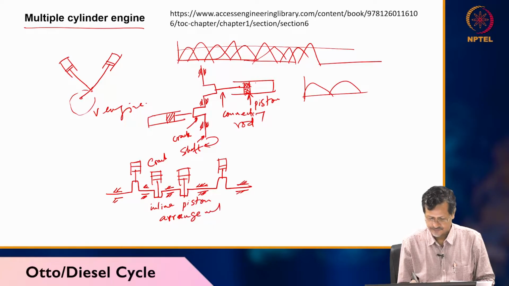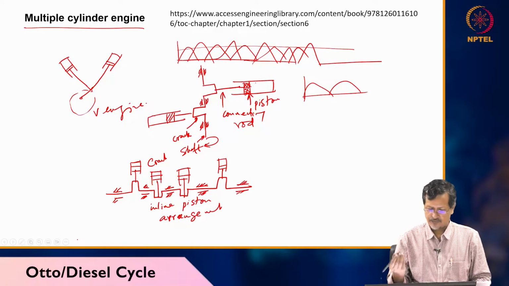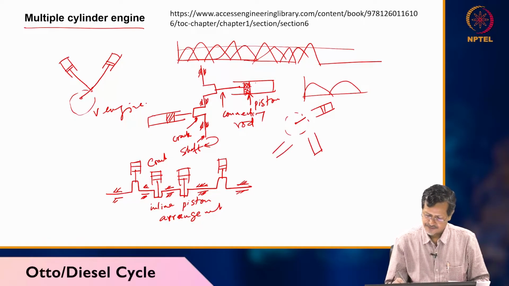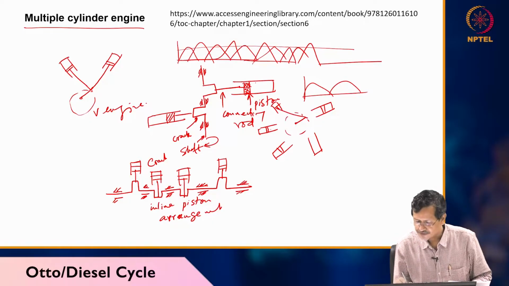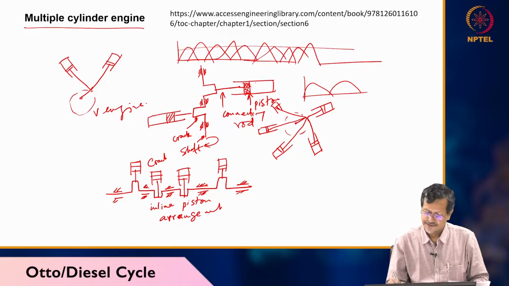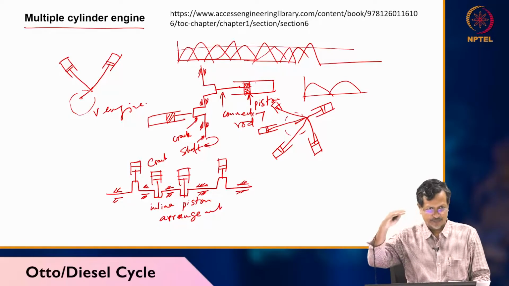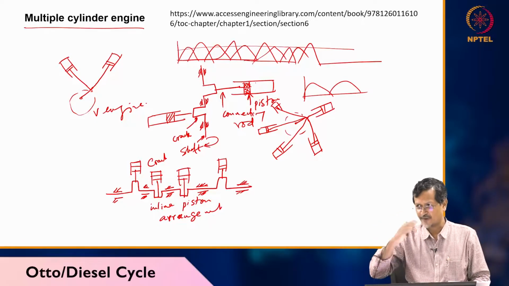Another will be the radial piston arrangement, which will be like this. One piston may be here, another here, another here, another here, and each one will be connected. So one common crank and different connecting rods, and the pistons will be moving forward and backward in sequence. So you are smoothing the power actually.